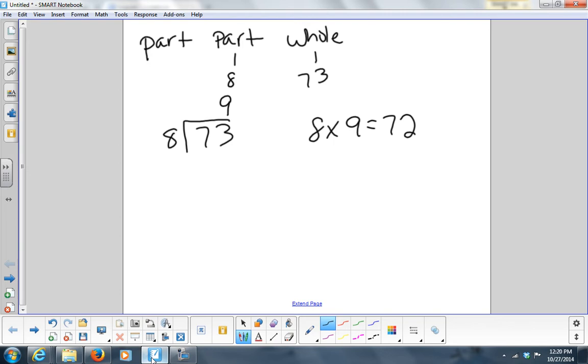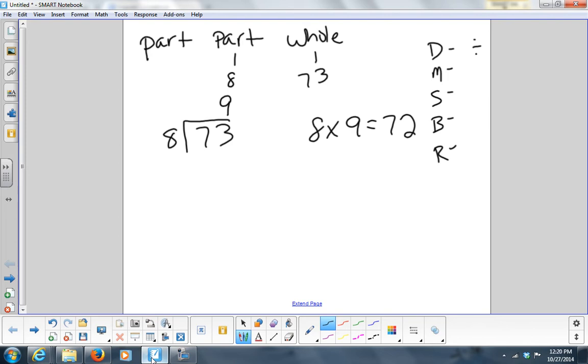In a division problem, we have dad, mom, sister, brother, Rover.